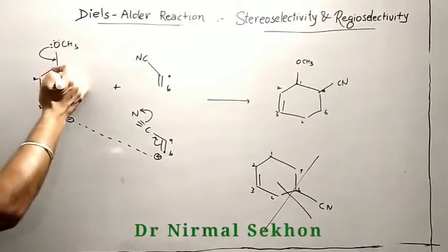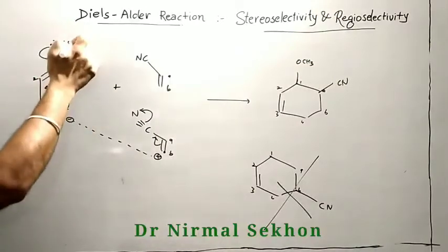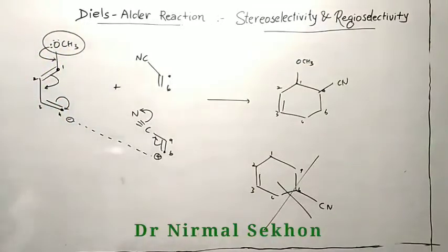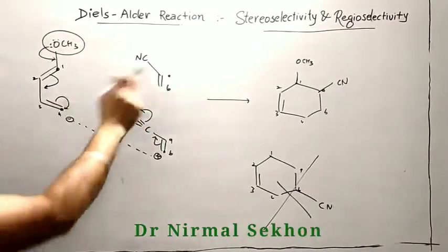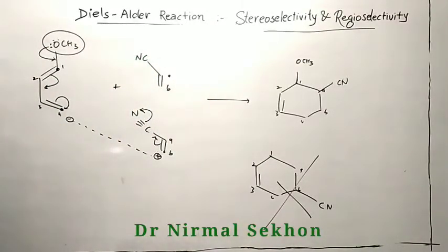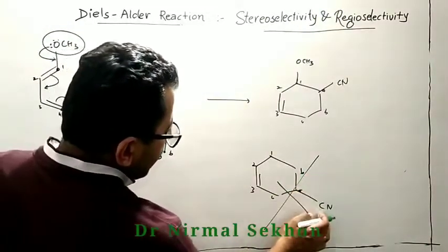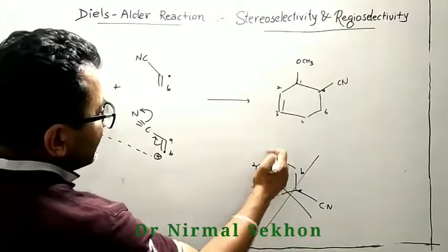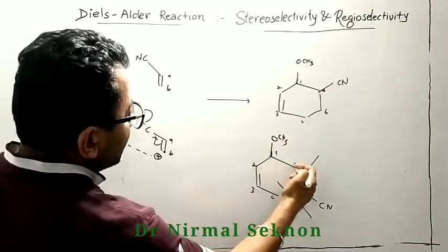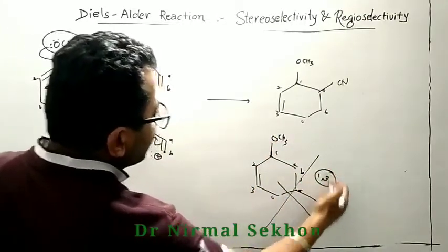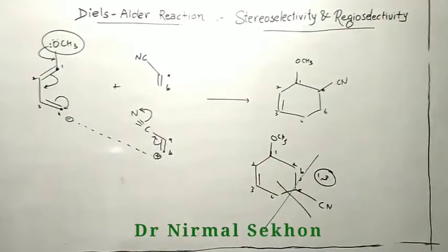Because of this electron donating group, carbon number 4 gets a negative charge, and this 4 will attack B, not A. So this opposite structure is actually addition of, you can say, 1, 3. So 1, 3 is not possible here. Only the 1, 2 product is formed.